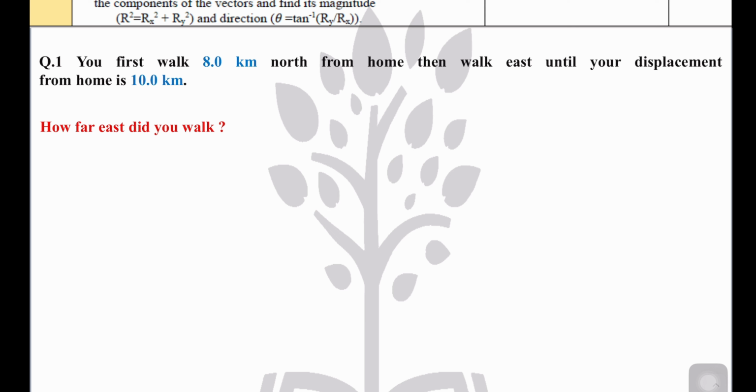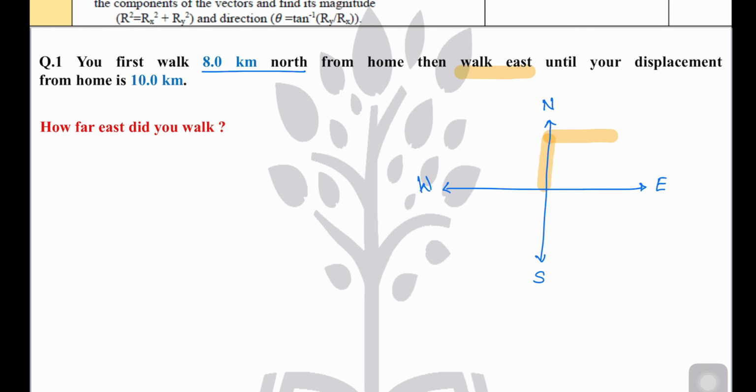You first walk 8 km north. Okay, first step, make it like this. This is your north, this is your east, this is your west, and this is your south. Now you will actually understand what the vector is. Let's say you go like this from your home, then walk east, so now you are going like this.